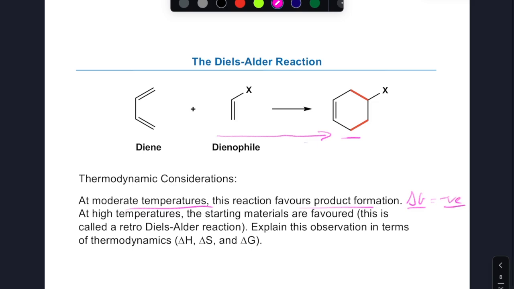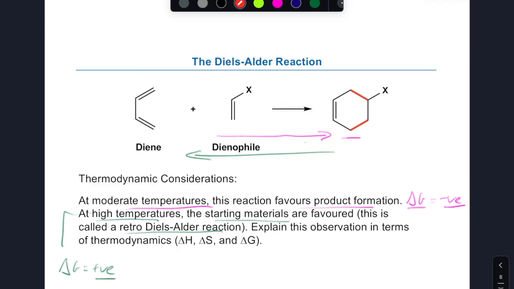However, at high temperatures, starting materials are now favored. We go back in this direction, we call that the retro Diels-Alder reaction. Now in that case, if it's spontaneous the other way, at high temperatures, delta G is equal to a positive number. It's now favorable in the opposite direction.